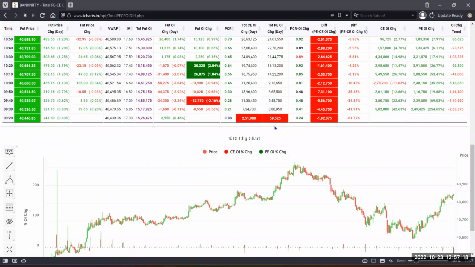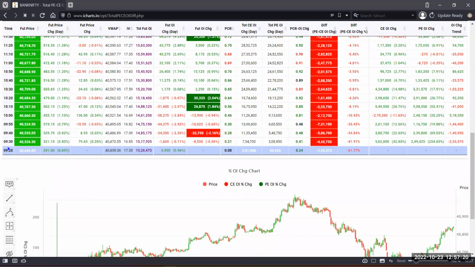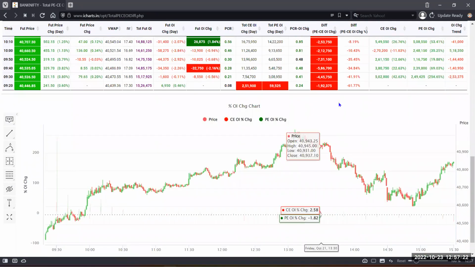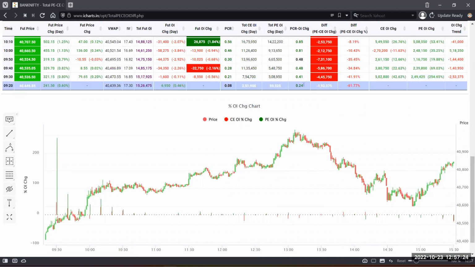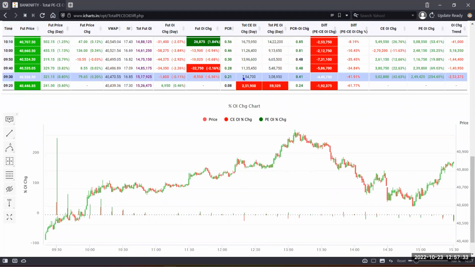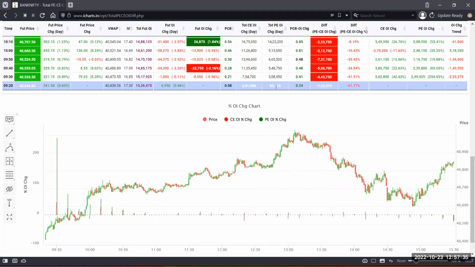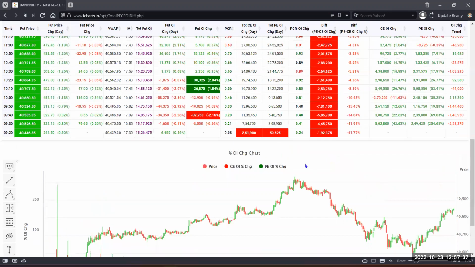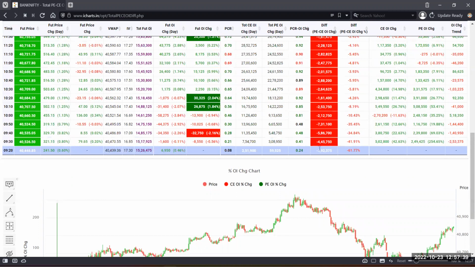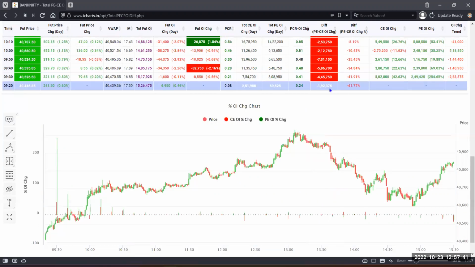Once it opens, about 3 to 5 minutes after you get a couple of OI updates, you can start looking at it. If it is in red, negative, it means that the call side OI change is more and the put side OI change is less. So this immediately tells you that the market is negative.